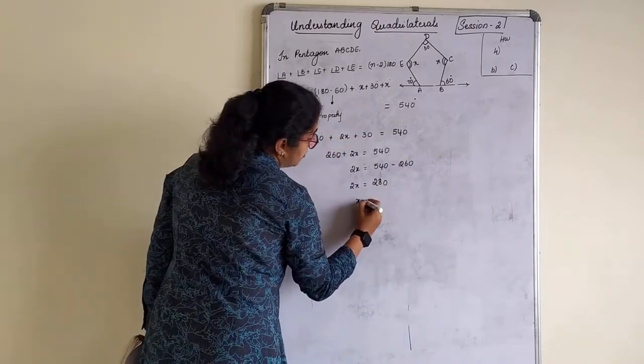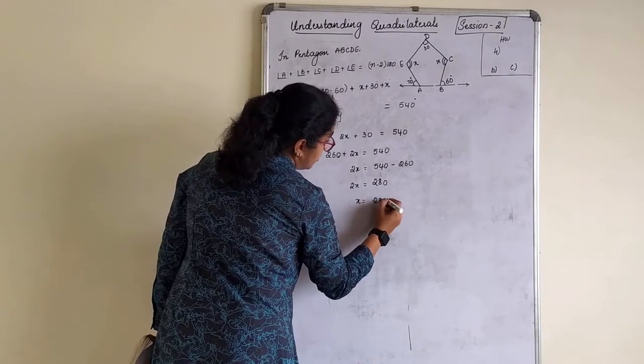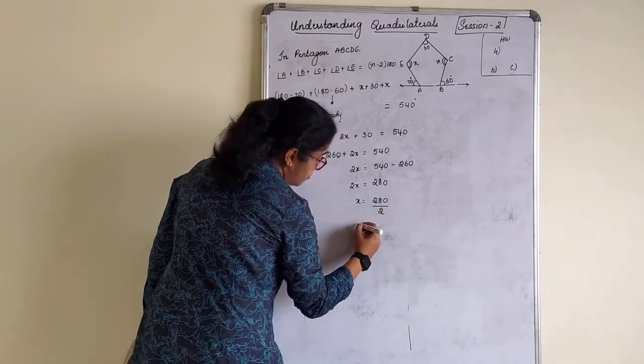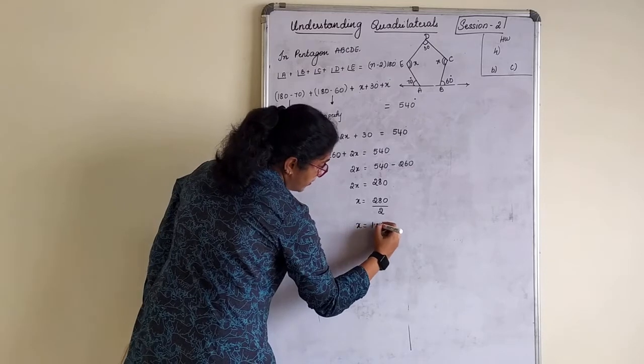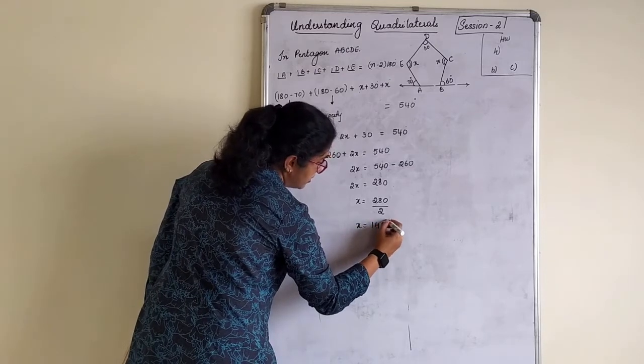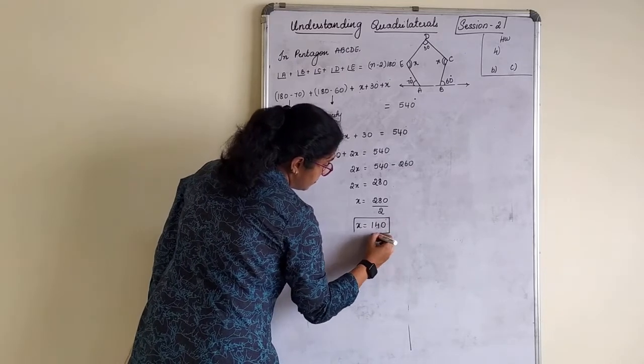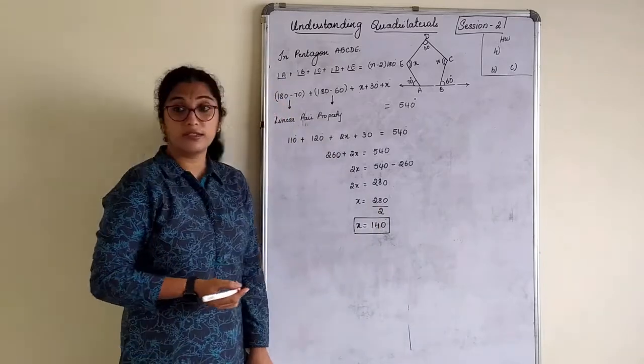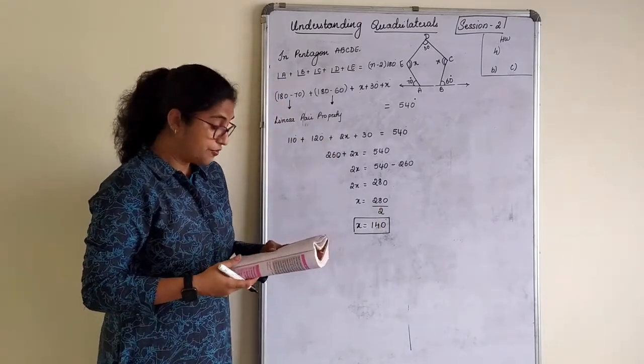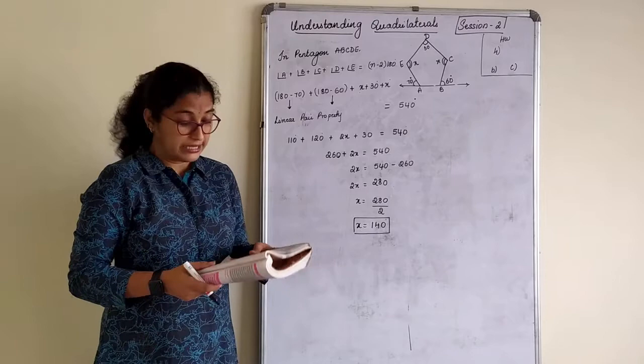So x is equal to 280 divided by 2, x is equal to 140. That is what they have asked us to find. Find the value of x, and that is 140 degrees.